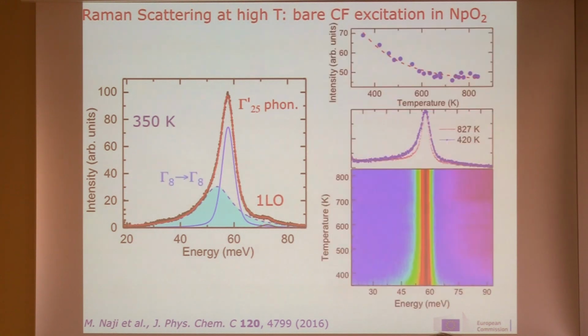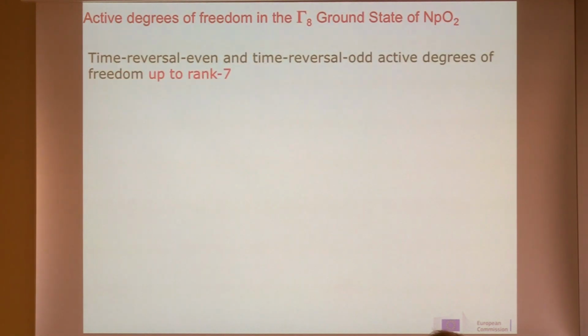If you do these measurements at several temperatures, you will observe that at high temperature, for instance around 800 Kelvin, the line becomes symmetric, and actually the intensity of this feature goes down with temperature. Then it's an electronic excitation. If it were vibrational in origin, it would increase with temperature. Okay, this is at 54 millielectron volt, and we attribute this to the gamma-8 bare crystal field transition.